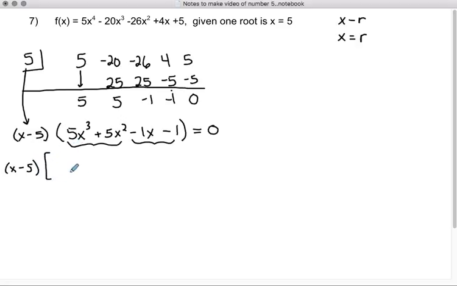And then here I've got a common factor for the first 2 terms of 5x squared, which leaves me with x plus 1 inside parentheses. And for the second pair, I've got a common factor of negative 1, which leaves me with x plus 1 for that. And so those are all equal to 0.